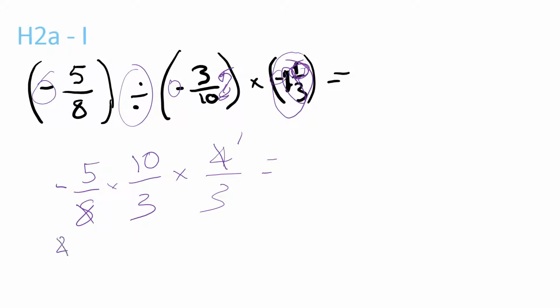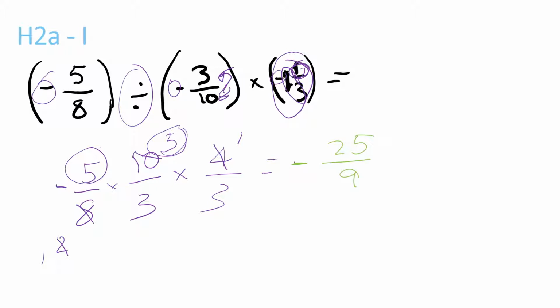And then you can put that 1, that's 5, because 2 goes into 10 5 times. And then are there any others that go into each other that are diagonal or above each other? No, because they can't be next to each other, like that and that. So the answer is -25 over 9.